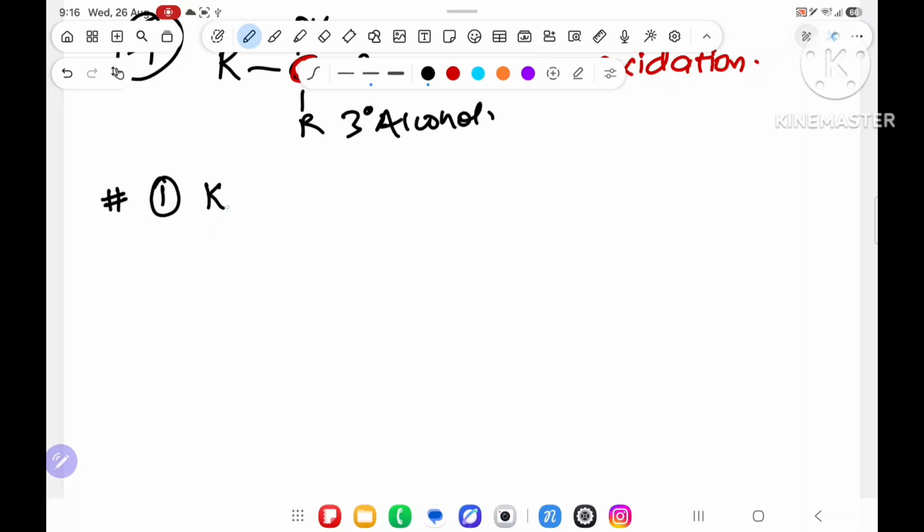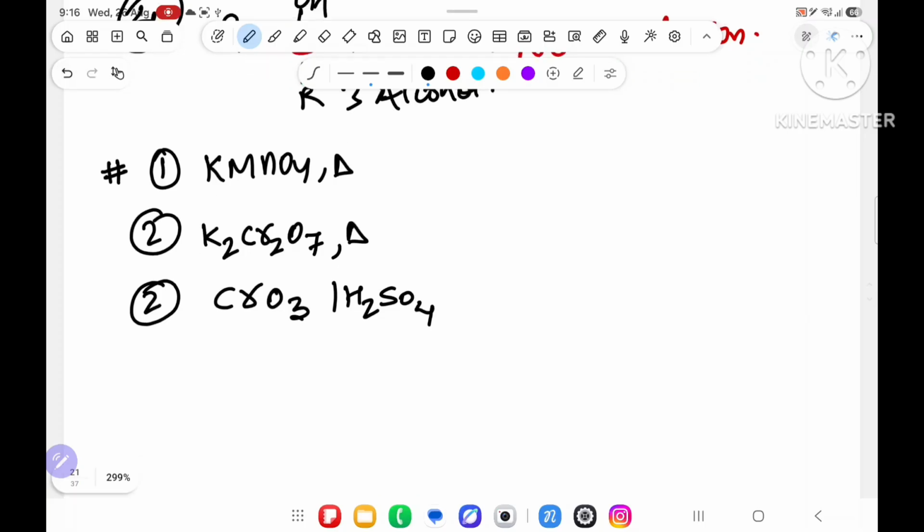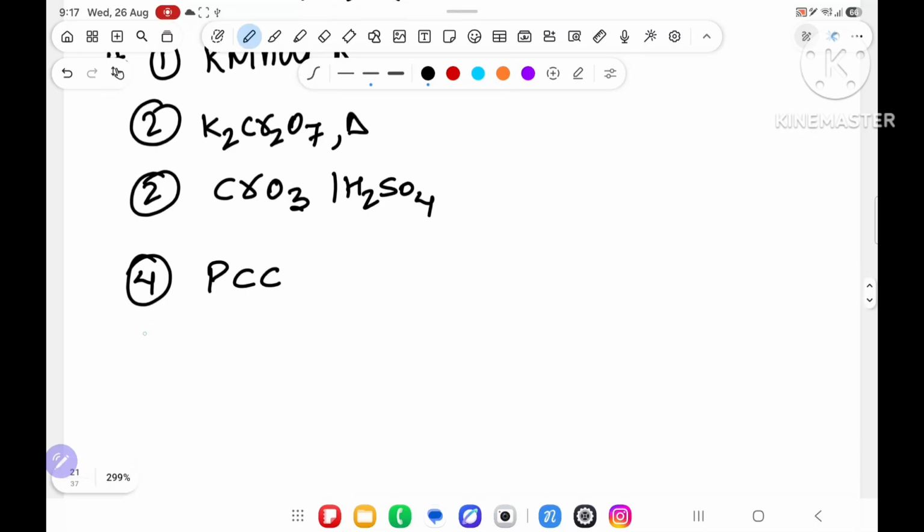First reagent, KMnO4 and heat. Second reagent, K2Cr2O7 and heat. Potassium permanganate, potassium dichromate. Third reagent, CrO3 in presence of H2SO4. Fourth reagent, PCC, pyridinium chlorochromate.